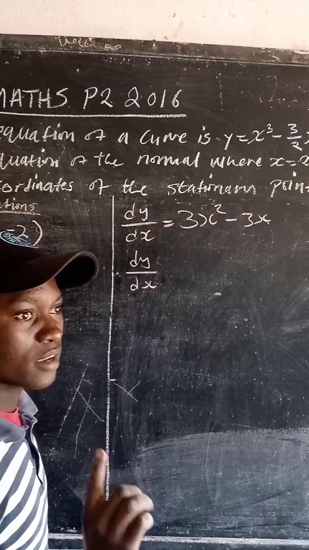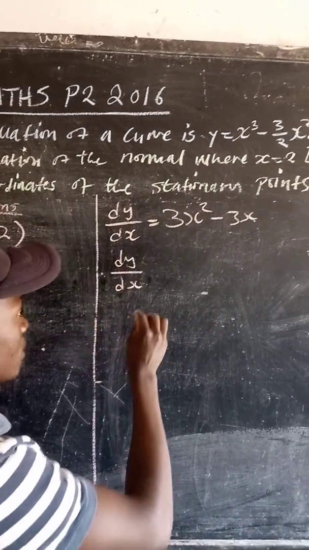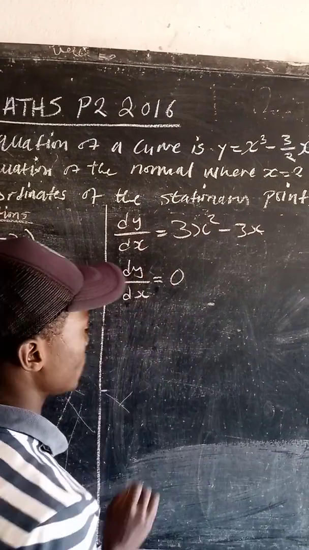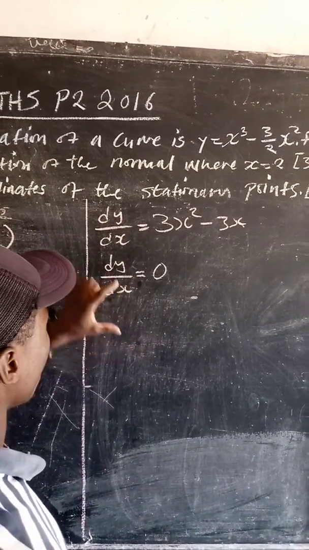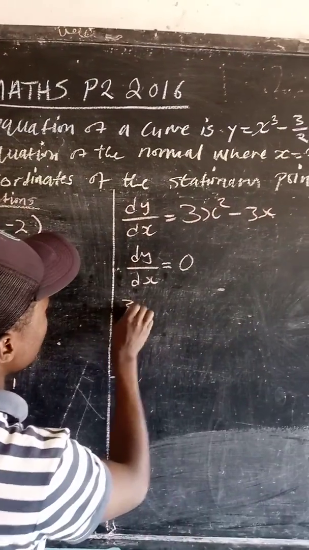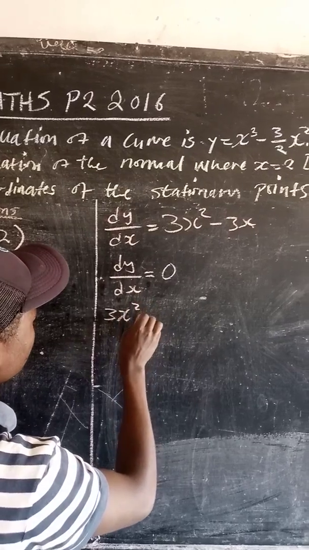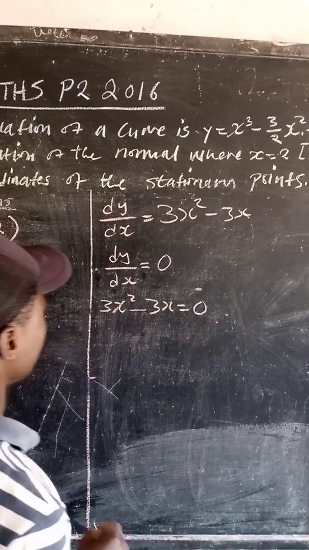So we need to keep one thing in mind. If you are not being given the gradient, it is 0. So where there is supposed to be the gradient, we are going to put 0. So we'll do this, it is equal to 0.